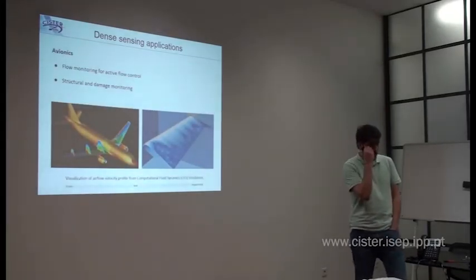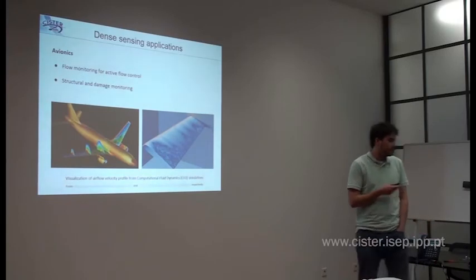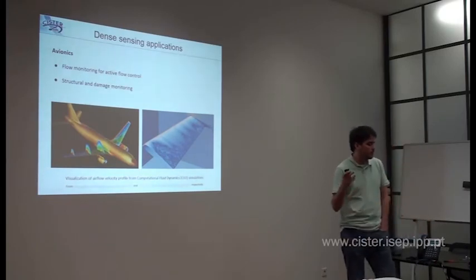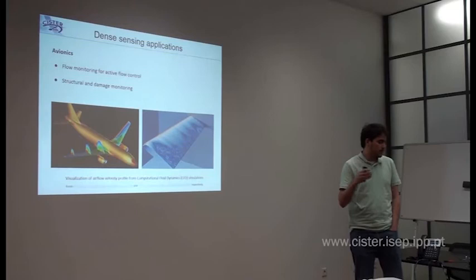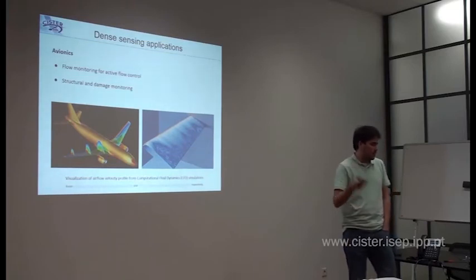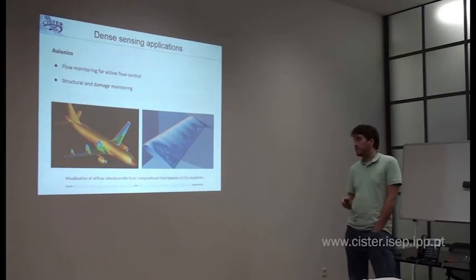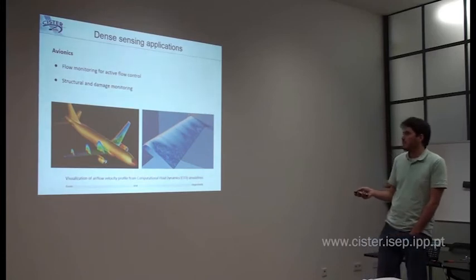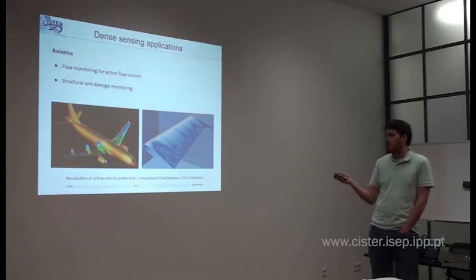For instance, using those kinds of sensors in avionics, if you are able to deploy as densely as required, you could have pictures like this of the flow. This is a computational simulation.